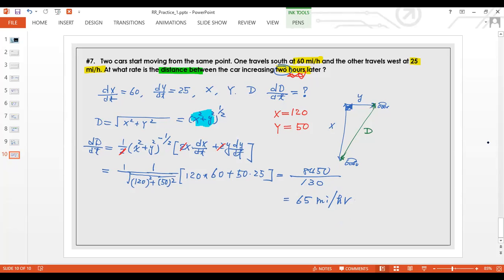We need to be careful about the setup, check the relations, and check the variables and the constants to see which one is which. Then, how to find the best relation between those variables is most likely the hardest part of a related rate problem.